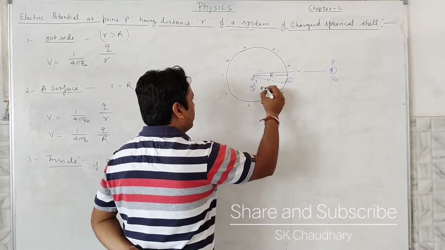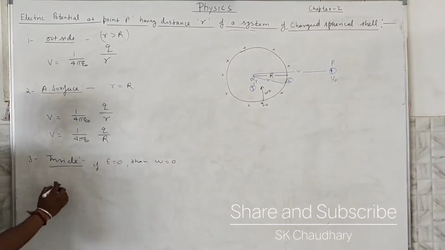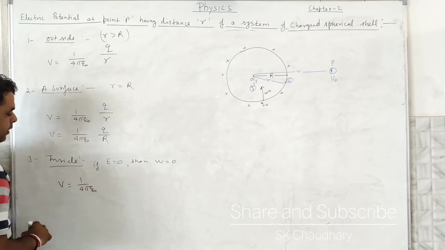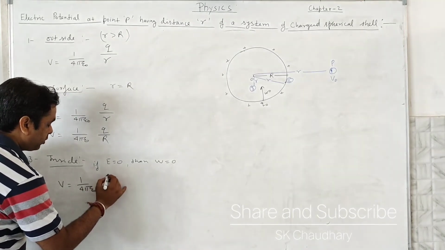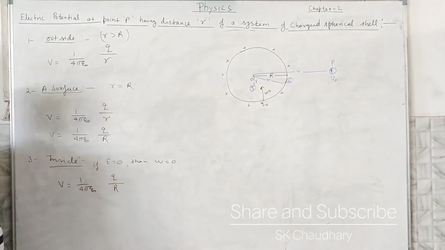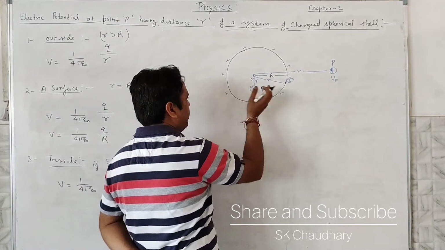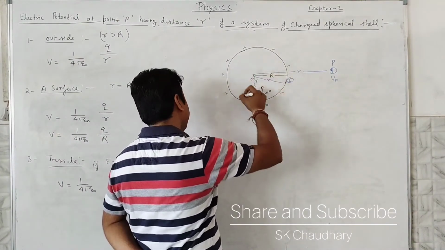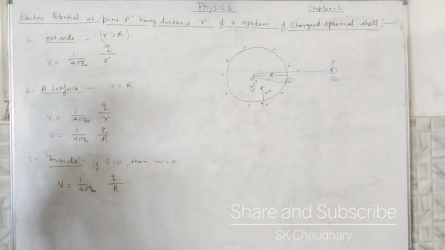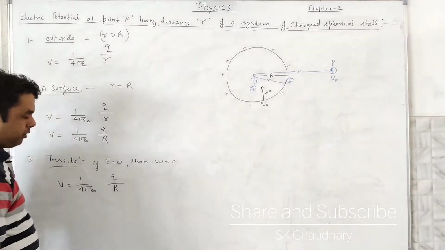So if work done is 0, then we can say that the electric potential inside a sphere will be total charge divided by the radius of the spherical shell. Whatever potential there is at the surface, it will hold for the entire inside of the sphere. Due to no work done inside the sphere, it will remain as it is. It is a scalar quantity, we know that.